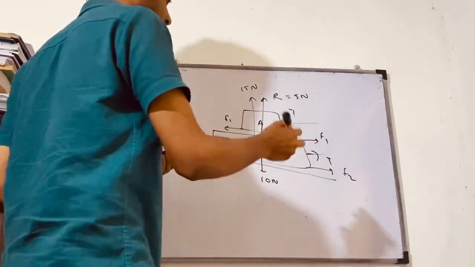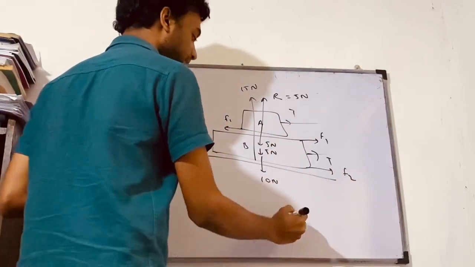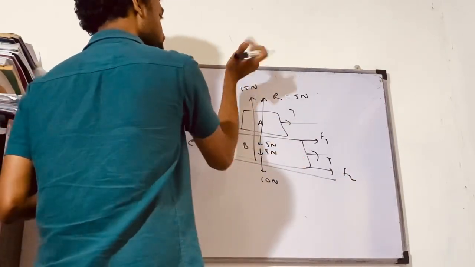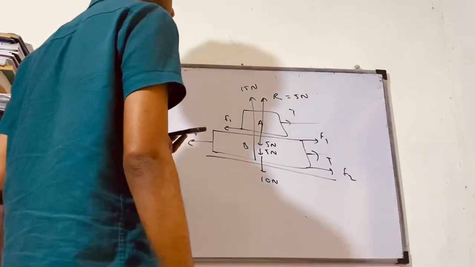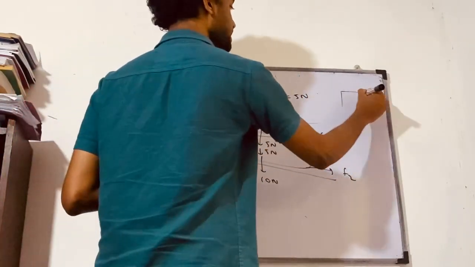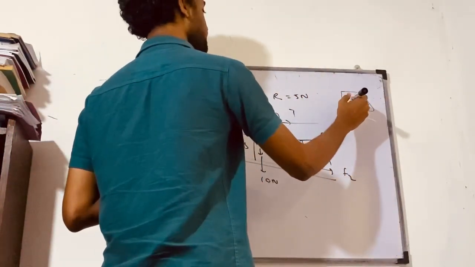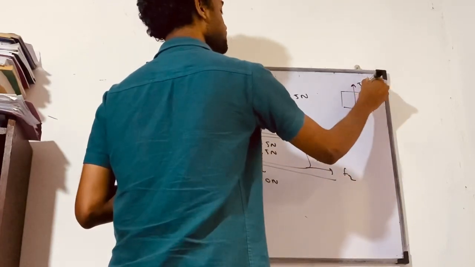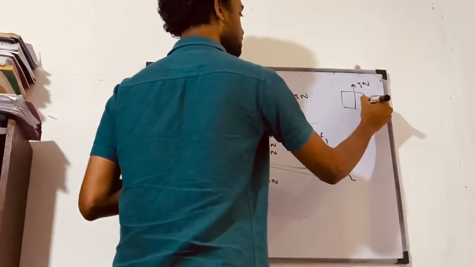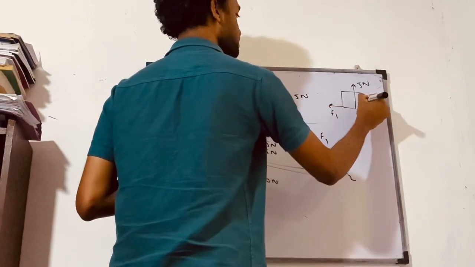Right, so B has this 15 newtons upwards, the reaction force. I'll draw this separately. If you consider A, the reaction on A is 5 newtons, the frictional force is acting like this, and the tension is like this.